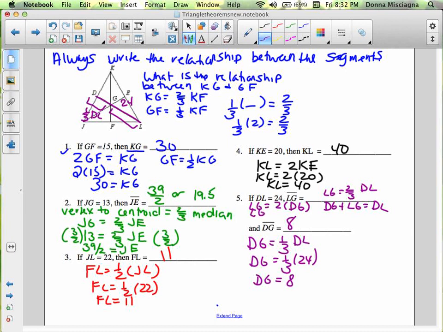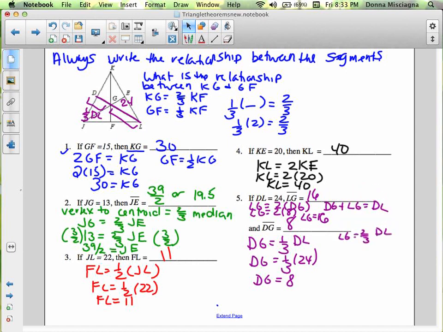So LG would be 2 times 8, which is 16. All right, so LG is 16. I may actually use the other one as well. I know DG. DG was 8.